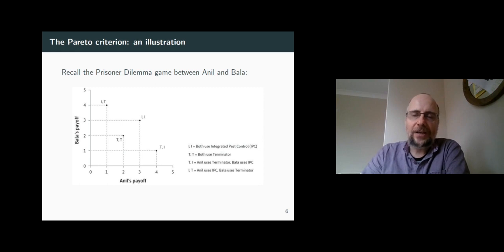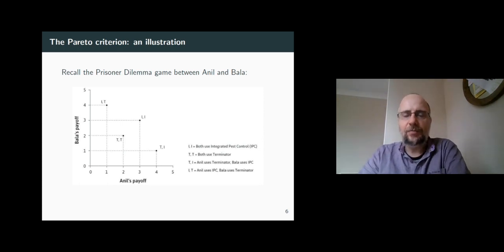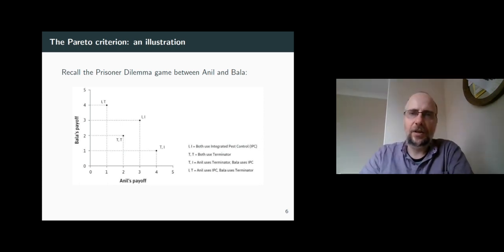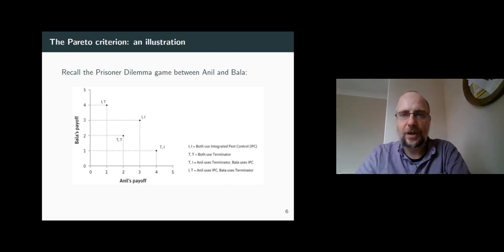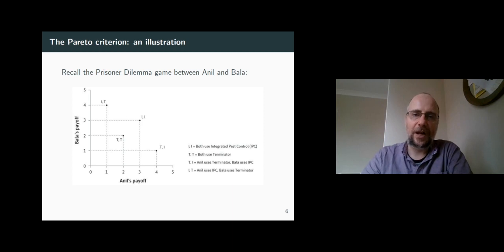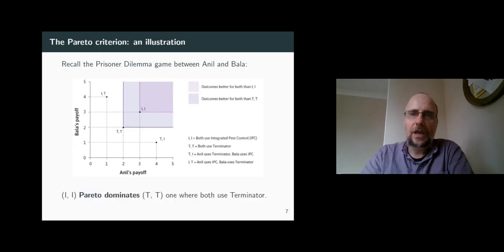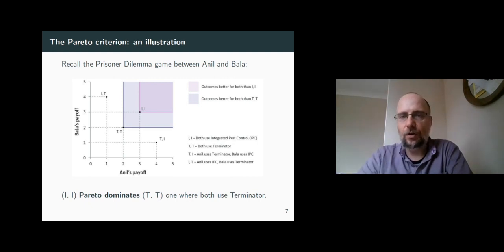To see how we apply the criterion, let's see the integrated pest control game that Anil and Bala were playing. On the x-axis, we have Anil's payoffs, and on the y-axis, we have Bala's payoffs. Now let's compare two possible outcomes, where they both use the integrated pest control and where they both use the terminator. In the first case, they both get 3 and 3. In the second case, they both get 2 and 2.